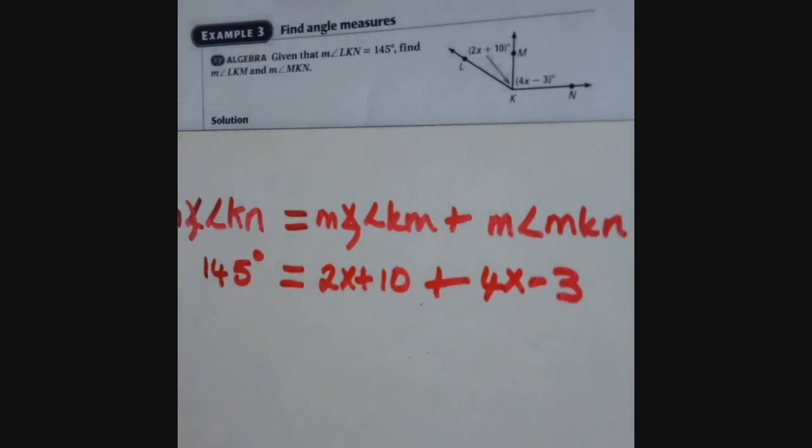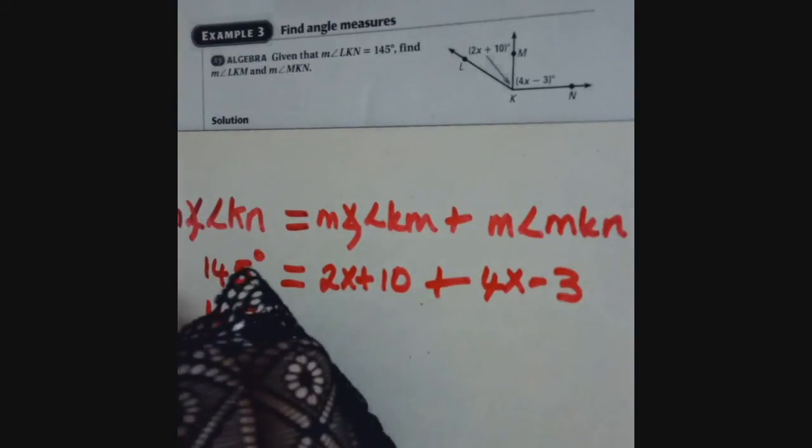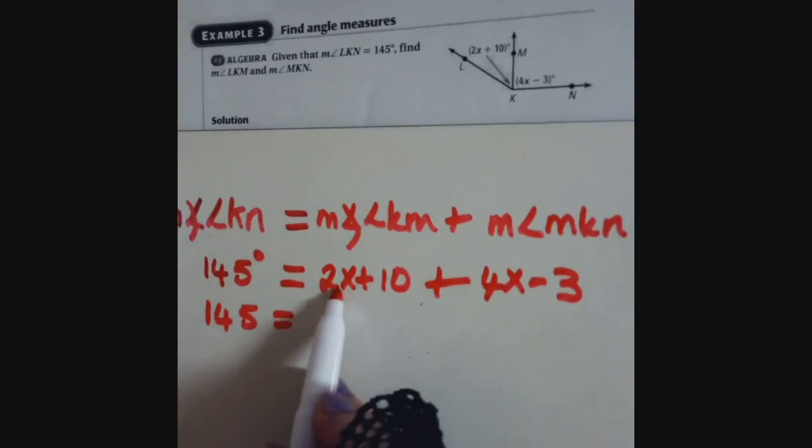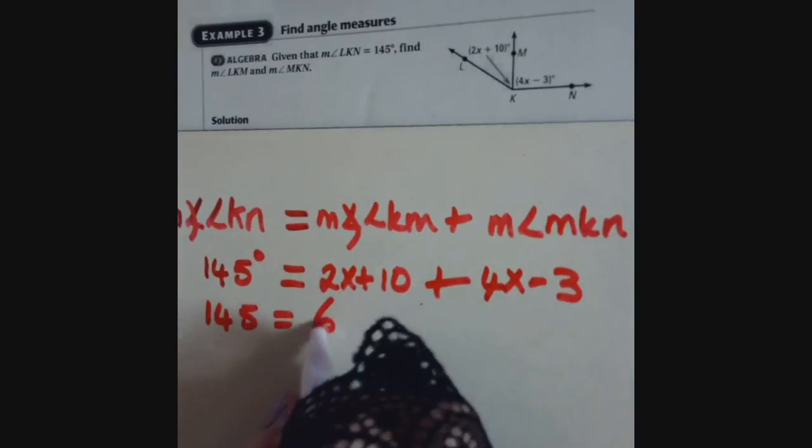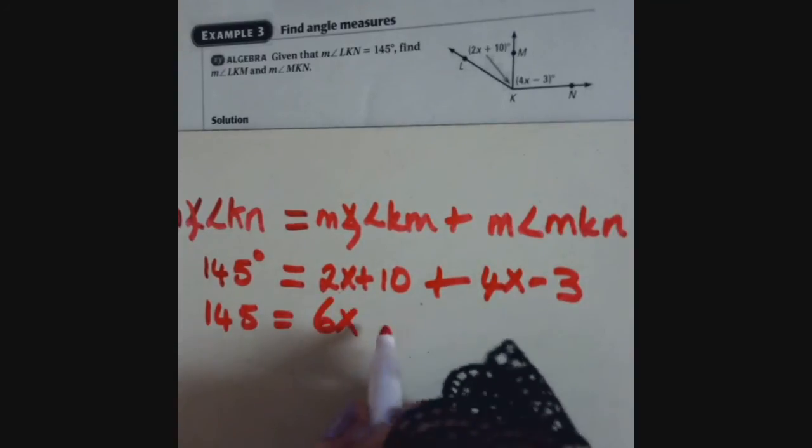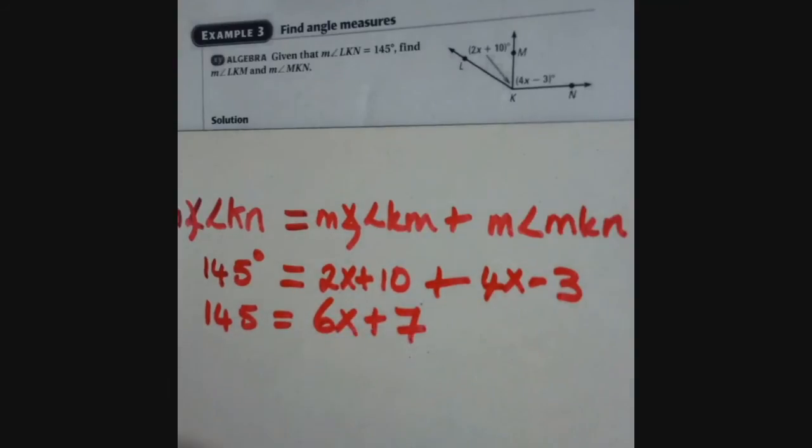So now I've gone ahead and set up all the algebra so I can solve for x, and then when I find x, I can plug in and find what both of these angles are. And you can never go just by looking, you have to verify. Even though angle MKN looks like 90, it doesn't mean it is until we verify. So 145 is equal to, add the x's together, 2x plus 4x is 6x, 10 minus 3 is plus 7.